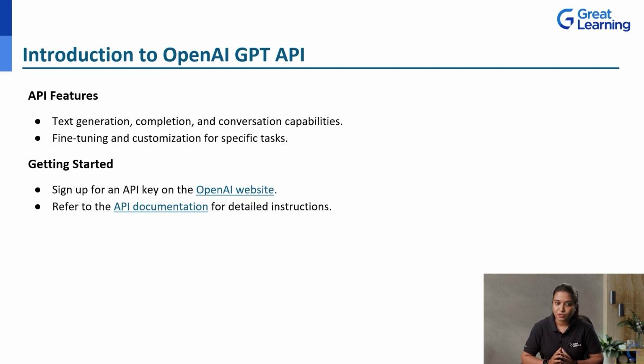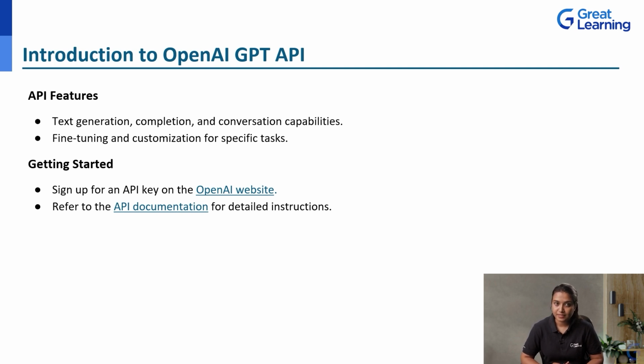We have to just log on to the OpenAI website, create your account, sign up, or if you already have an account, sign in, log in, generate an API key and keep it. Why do you have to generate an API key?